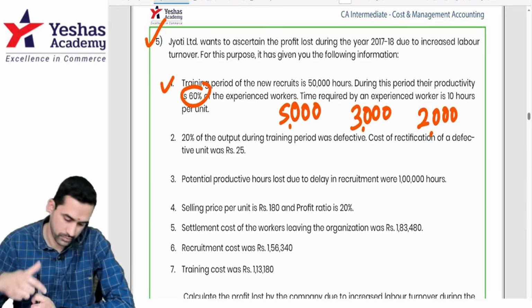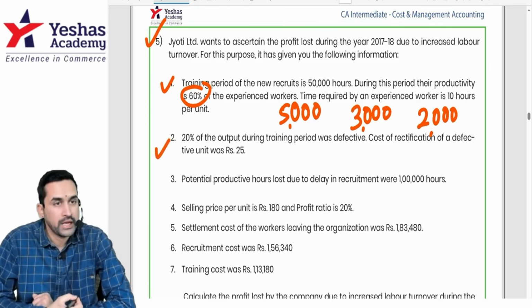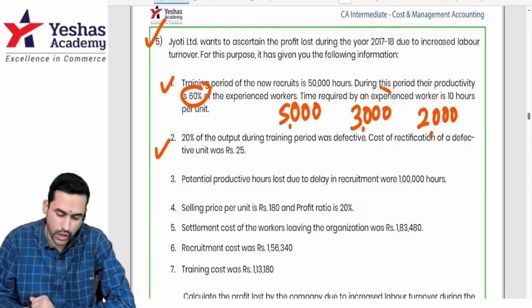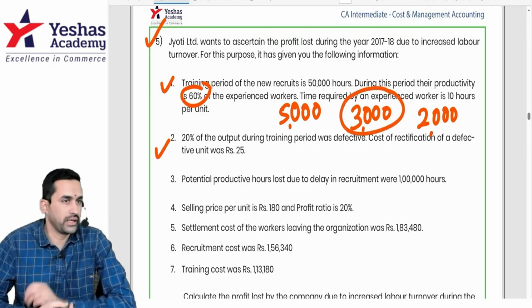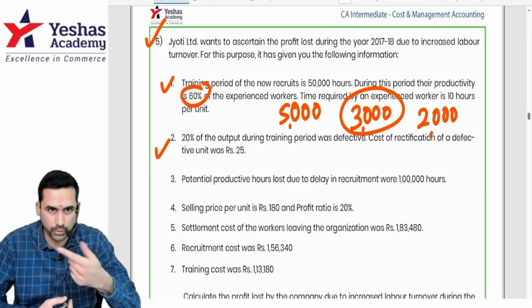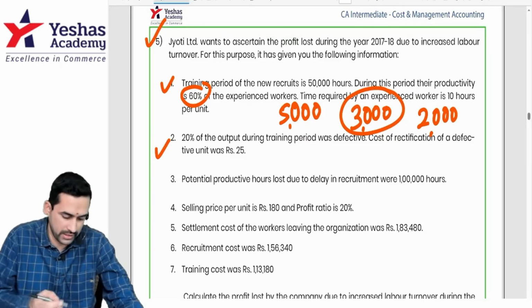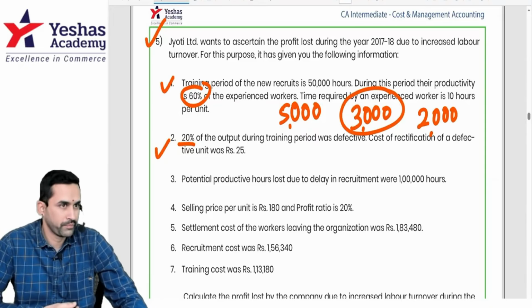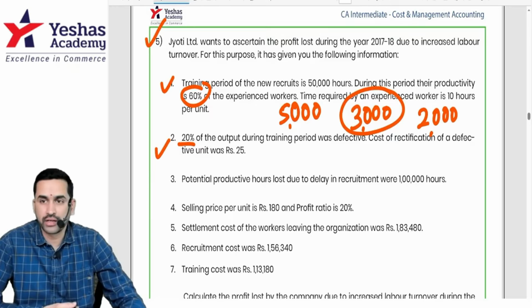Able to follow? One second. 20% of the output during the training period was defective. First of all, how many units did these people produce in training? Only 3,000. In that also, because they're new and learning, 20% of this was not saleable as it is. That is the meaning of defective unit.